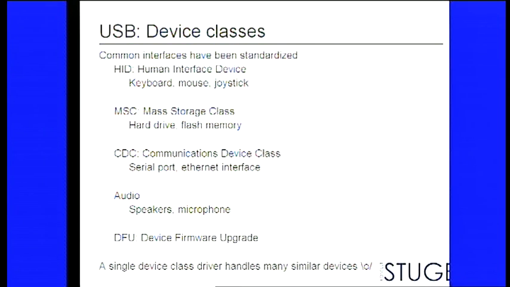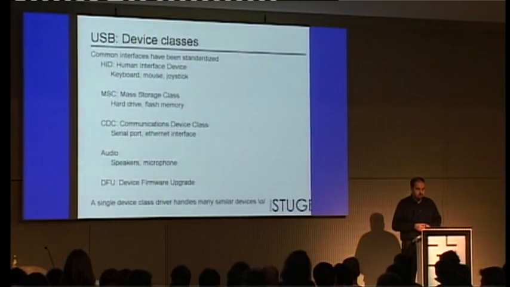And then there's device firmware upgrade, the DFU class, which is a little bit different from the others because it interacts with other interfaces or other configurations. The DFU process, the firmware upgrade process, is a bit complicated, so it requires more from the host software.